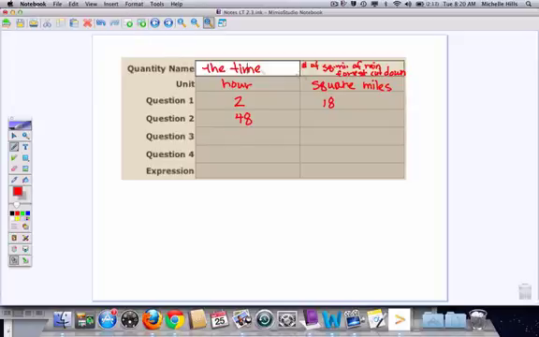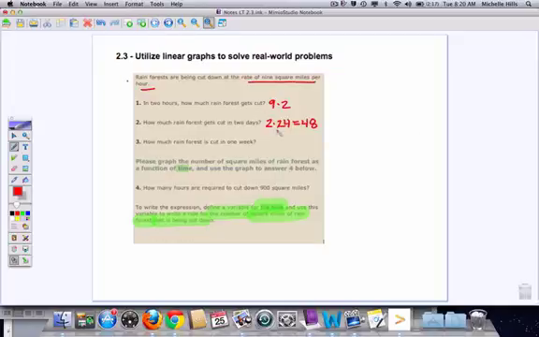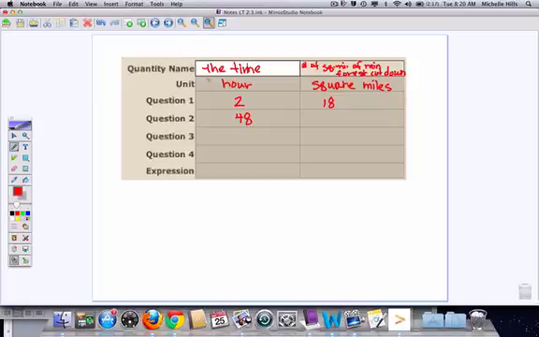And then, to find the number of square miles of the forest cut down in that period of time, well, 48 hours times 9 square miles per hour. So 48 times 9, and if it was in the computer, I could just put 48 times 9 in here and it'll calculate for me. On the paper, of course, I need to do that myself. And 48 times 9 is 432.